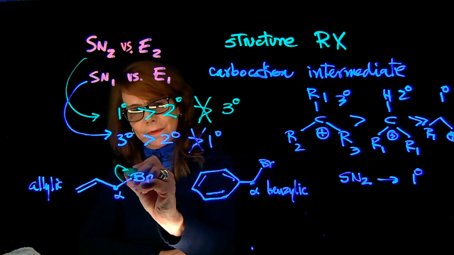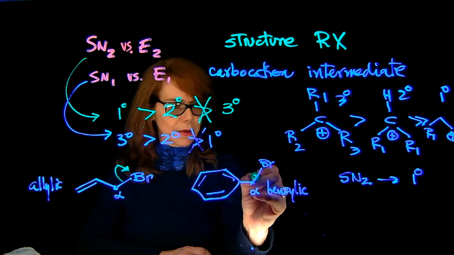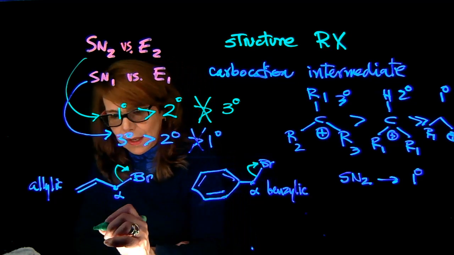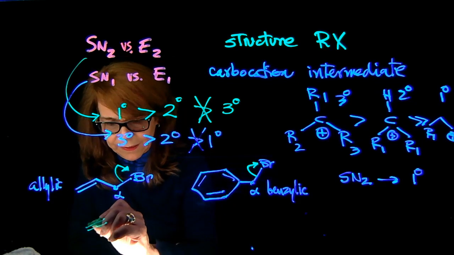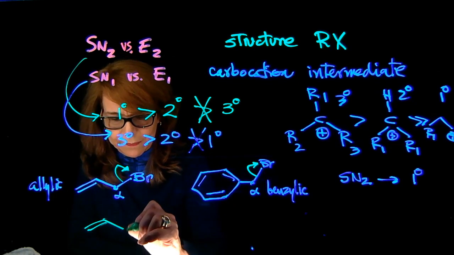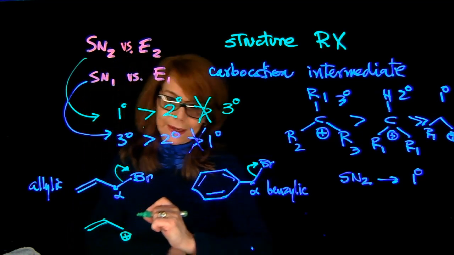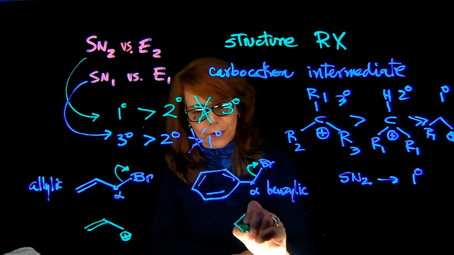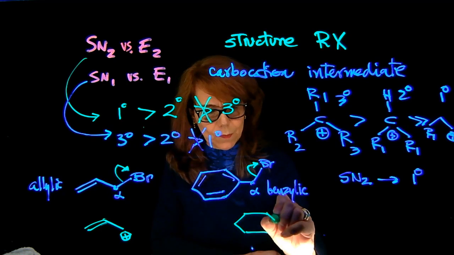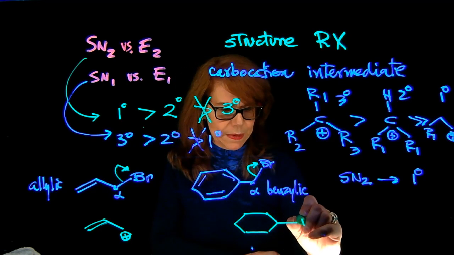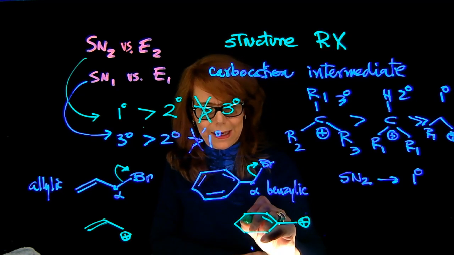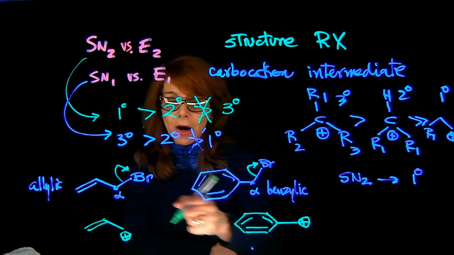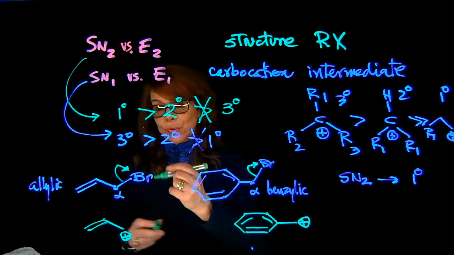So the leaving group is going, and for this molecule you're forming this carbocation, which is an allyl carbocation, and here you're going to be forming a benzylic carbocation. These are stable carbocations due to resonance.